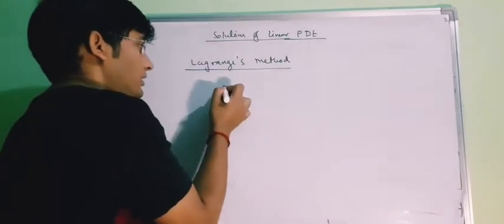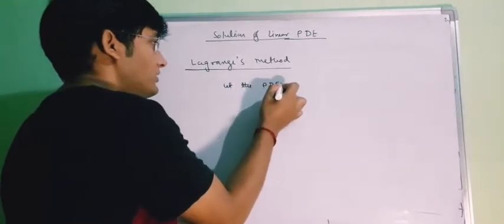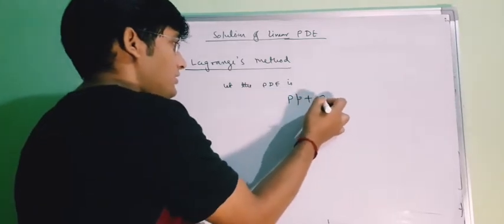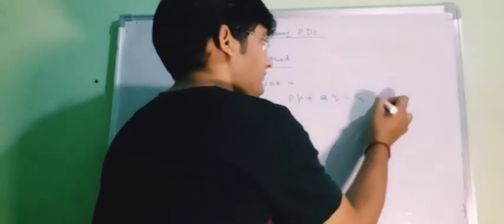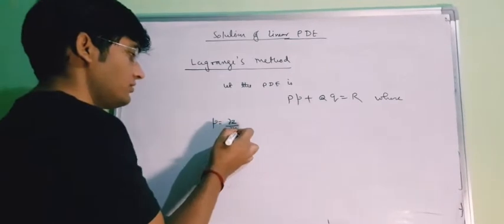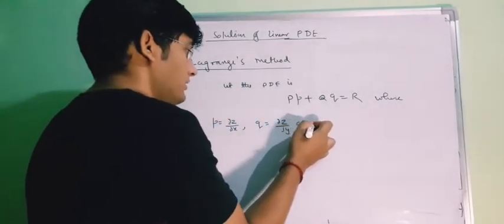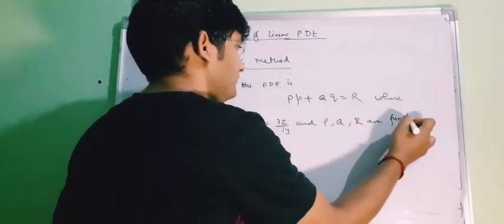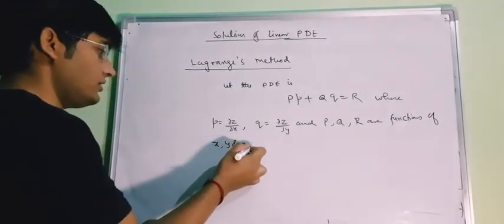So, let the partial differential equation be of the type P p + Q q = R, where we know that small p means del z upon del x, q means del z upon del y, and capital P, Q, R are functions of x, y and z.